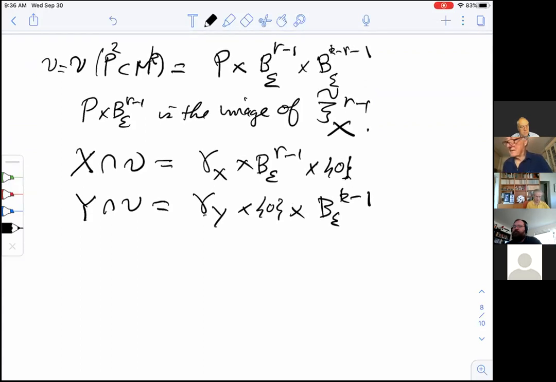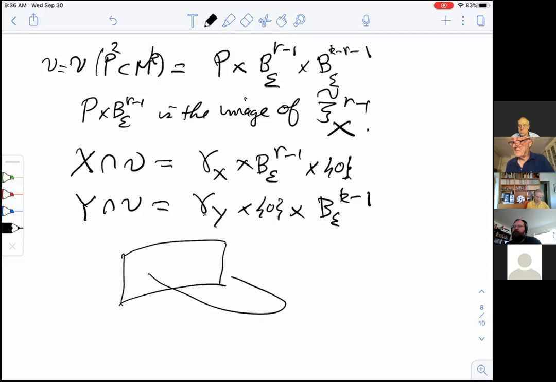So now let me draw a little picture of what we have. I'm going to use the same dimensions I did before, but reverse the roles of X and Y. So this time, this is going to be X. This is going to be Y. And we have this P, which is here, or the inside of P is there.